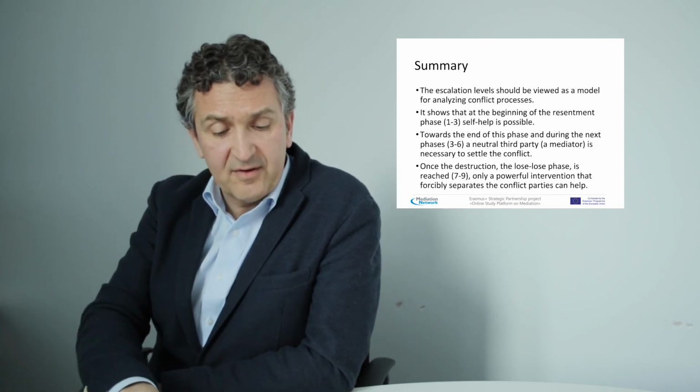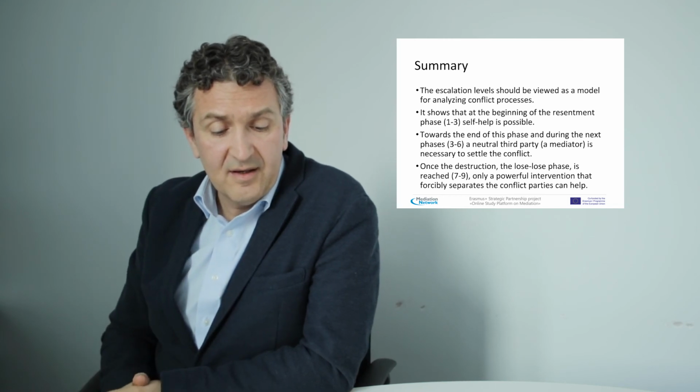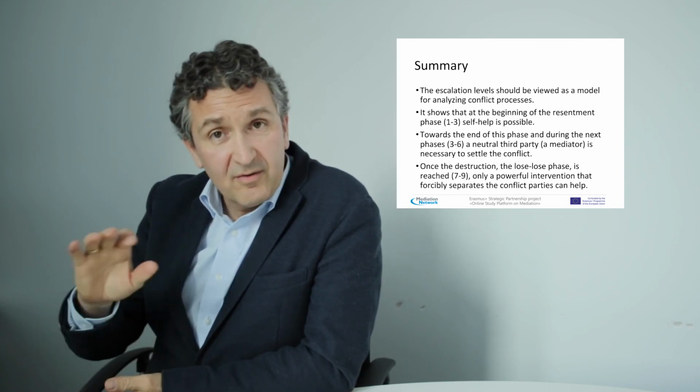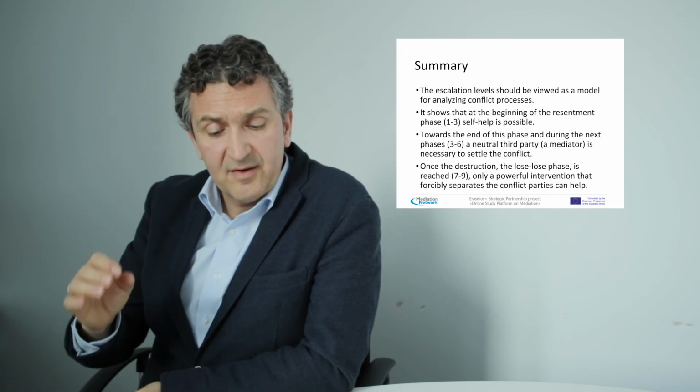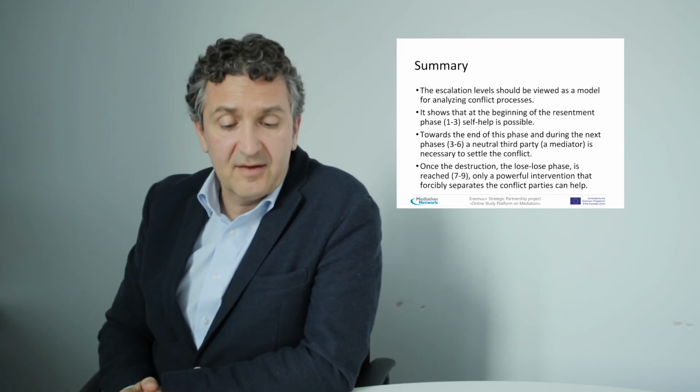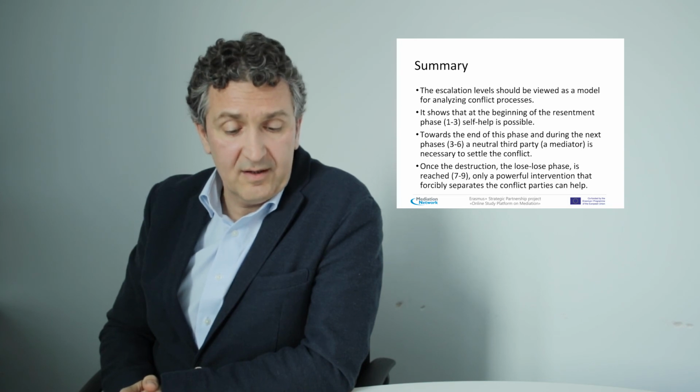Towards the end of this phase, as well as in the exchange of blows phase, so 4 to 6, a neutral third party, such as a mediator, is necessary to settle the conflict.